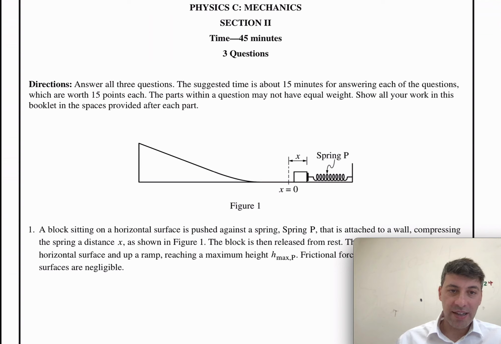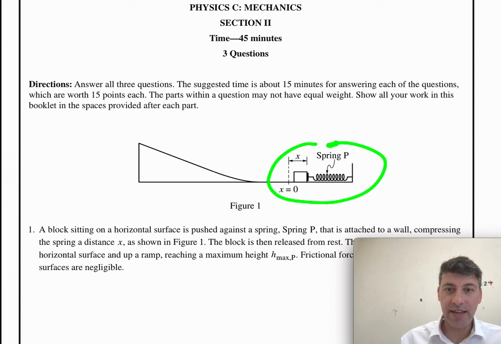We will try to understand what is happening in the diagram. What we see is a spring and an attached object on this, and probably the spring has been compressed.